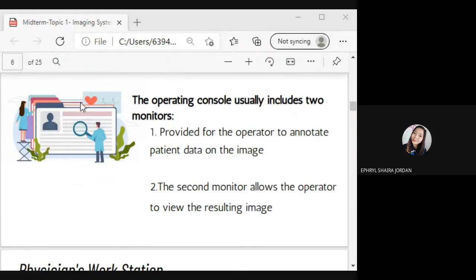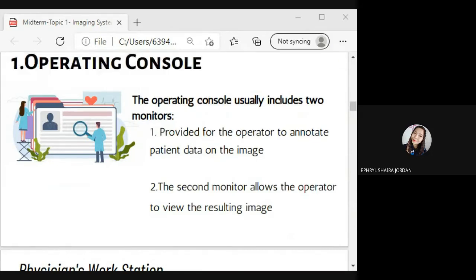The first monitor is provided for the operator to annotate patient data on the image, what we call encoding of data. Such data include the hospital identification of the patient, the name, the patient number, the age, and the gender.